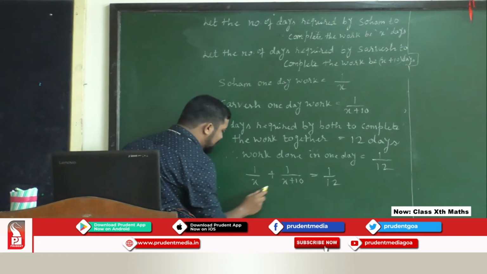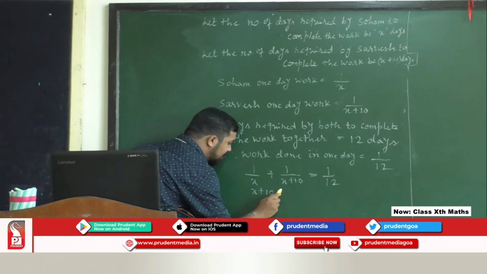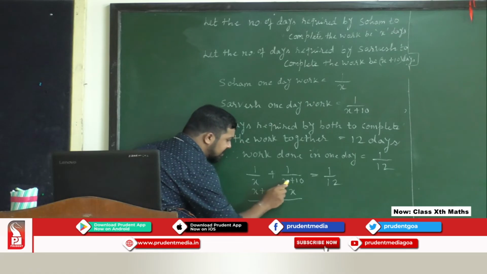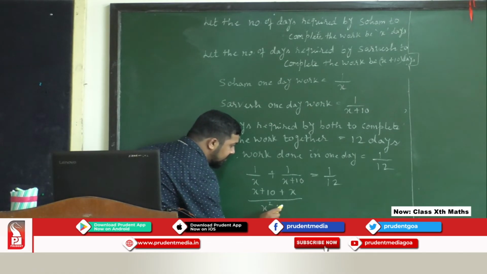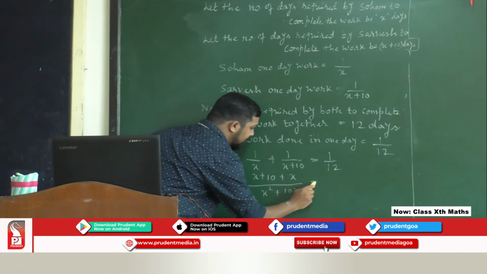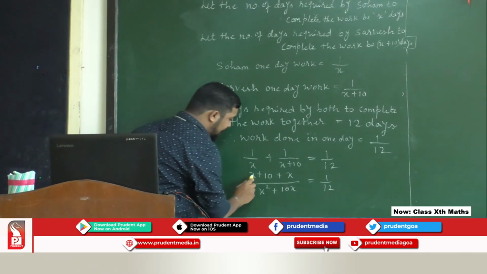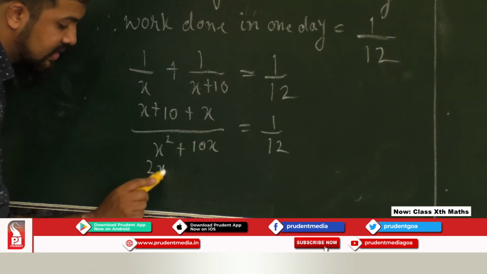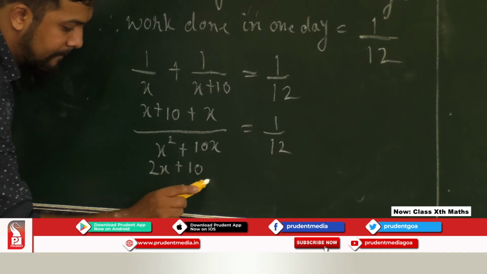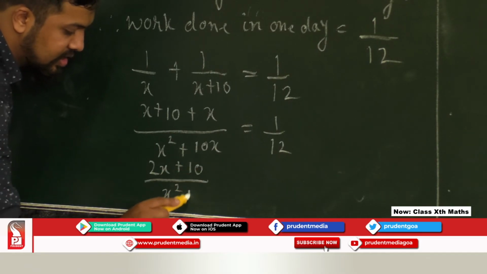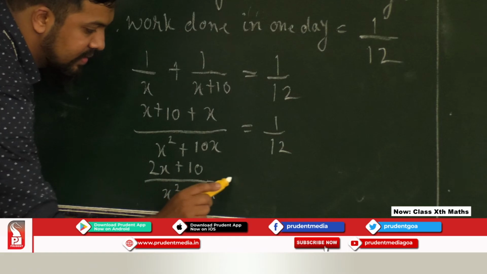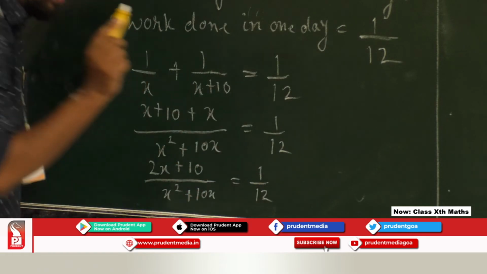Again cross multiply. So x plus 10 plus x over x square plus 10x equals 1 by 12. X plus x is 2x plus 10 over x square plus 10x equals 1 by 12.